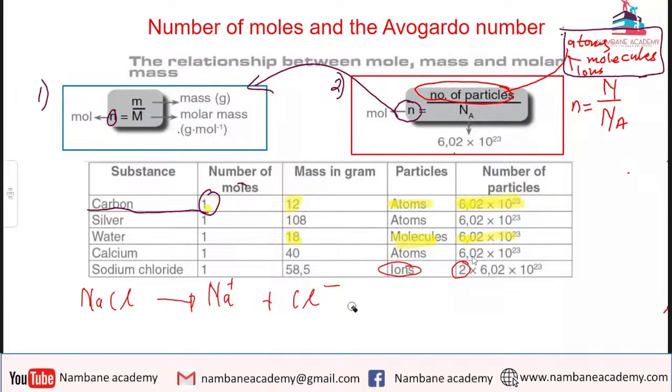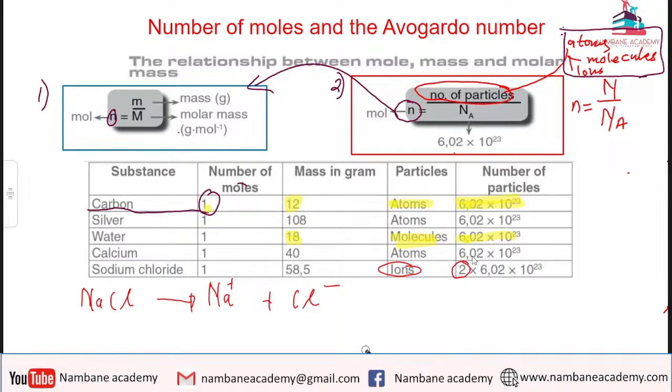Na plus is an ion, Cl minus is also an ion. So how many ions do I have in this regard? I have 2. That is the reason why I multiply by 2, because I have 1 formula unit, which represents 2 ions.